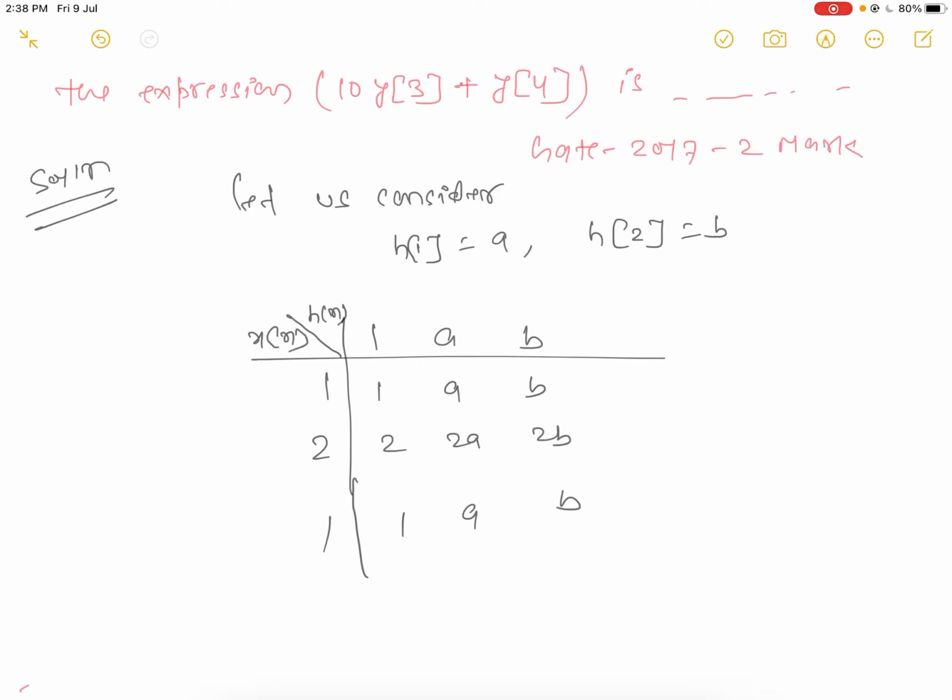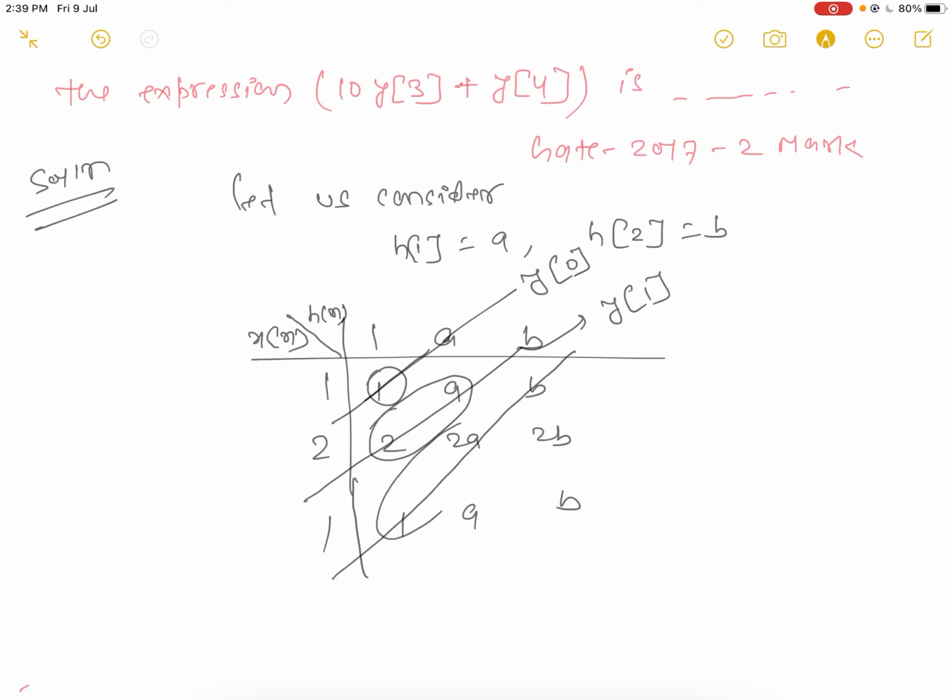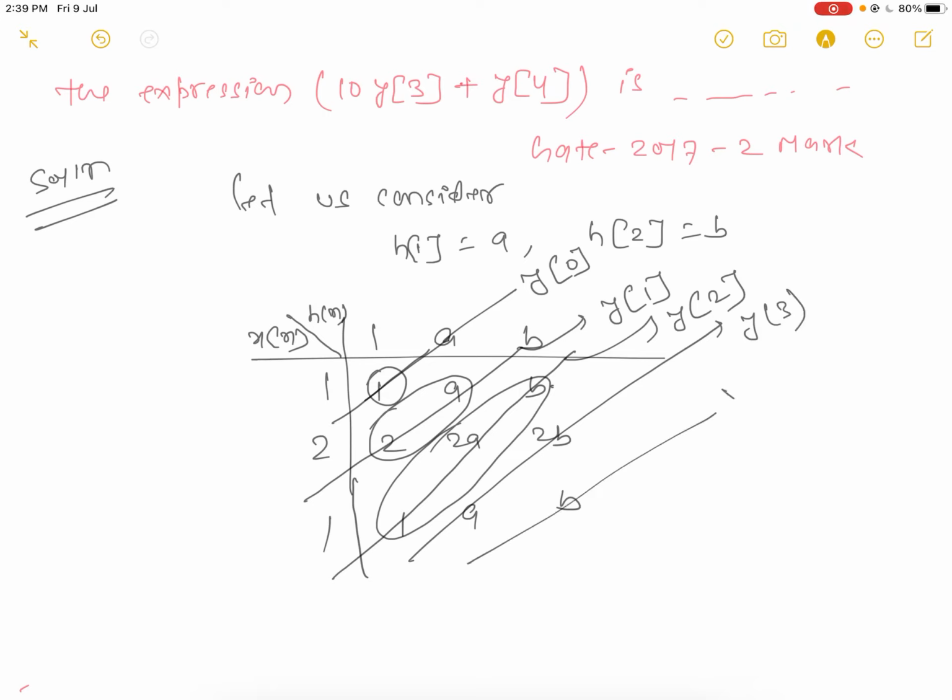Now check the cross summation. This one will be y0, this summation, we have to take only these two, will be y1, this one will be y2, this one will be y3, and this one will be y4.